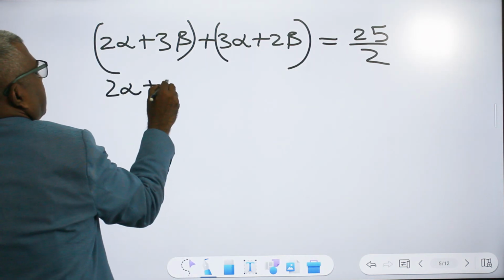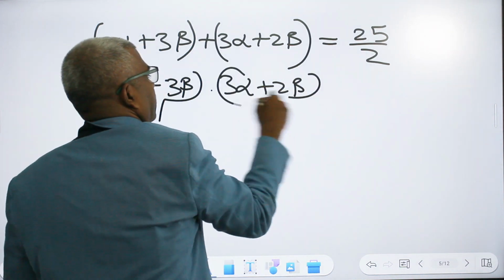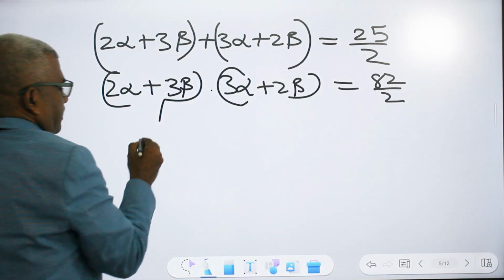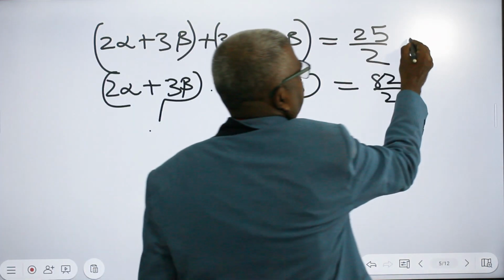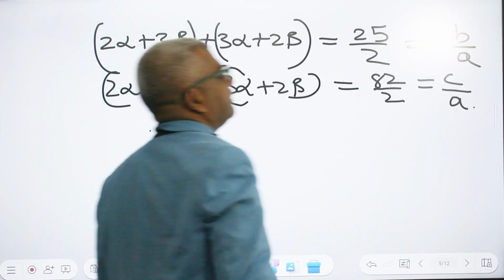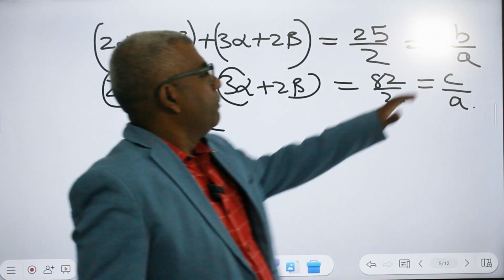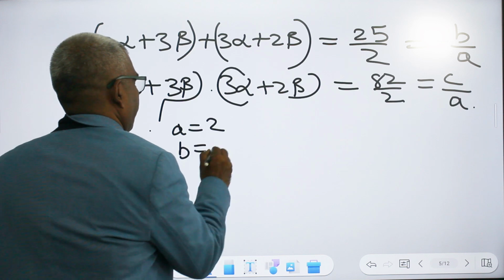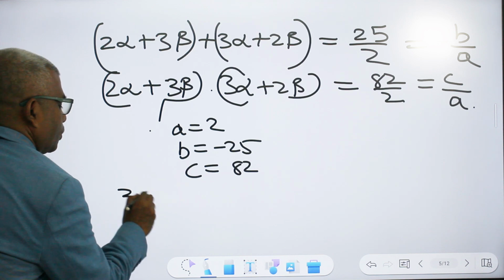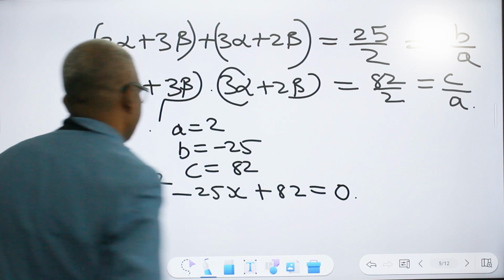Second, the multiplication of 2 alpha plus 3 beta and 3 alpha plus 2 beta is 82 by 2. Now, the sum of the roots is minus b by a, and the product is c by a. A is 2, b is minus 25. What is c? C is 82. The new equation is 2x squared minus 25x plus 82 is equal to 0.